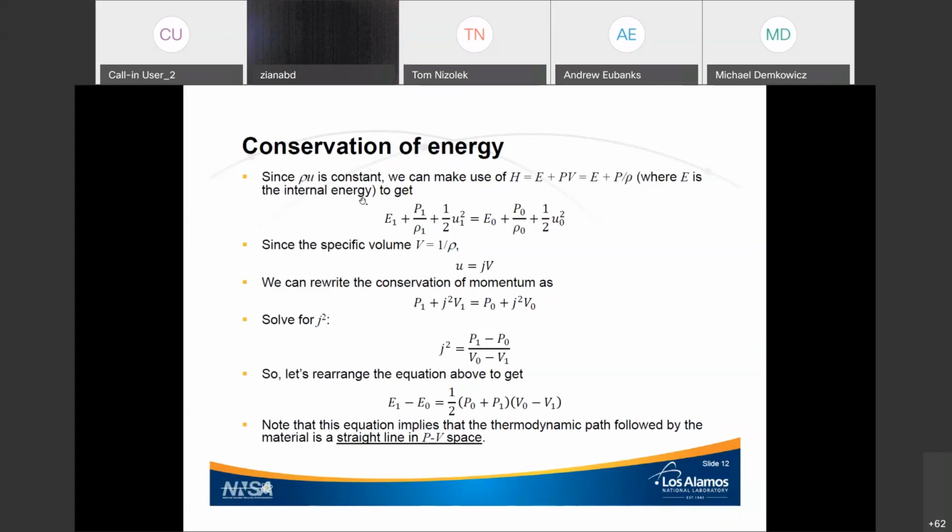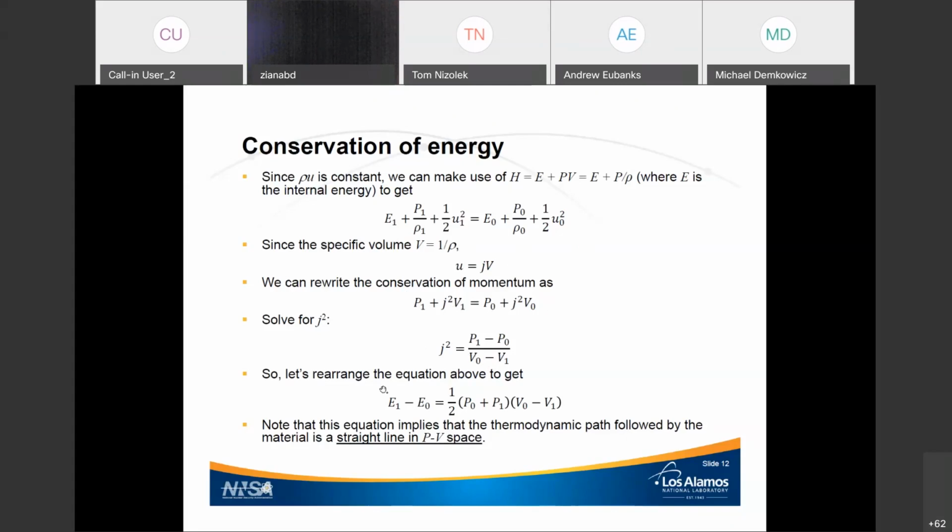We can now rewrite the conservation of momentum, I'm sorry, in this form. J is a constant. It's the same on both sides. So we can solve for J squared from that. It's simply equal to the pressure difference times the negative of the volume change.